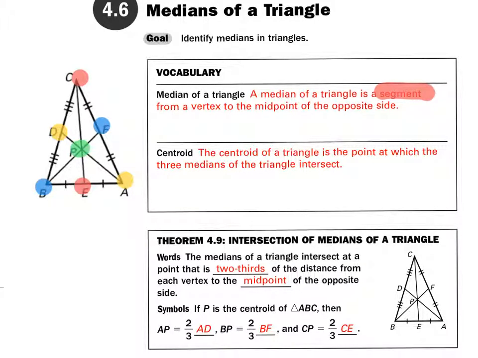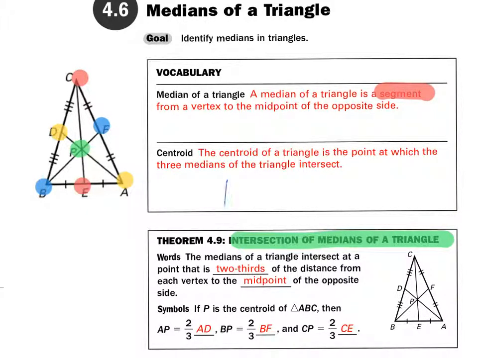And notice that there is another point here, P, that's really interesting. That's where all three medians meet, they meet at one point, and that one point is called the centroid. So here's a theorem: intersection of medians of a triangle. What is interesting about this centroid P here?